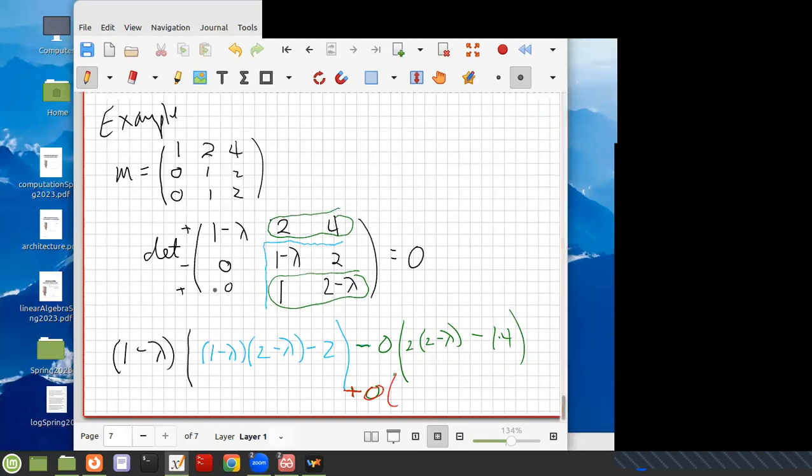Plus 0. That's this one here, right? This one would be the determinant of this piece up here, and that would be the determinant of 2 times 2 minus 4 times 1 minus lambda.